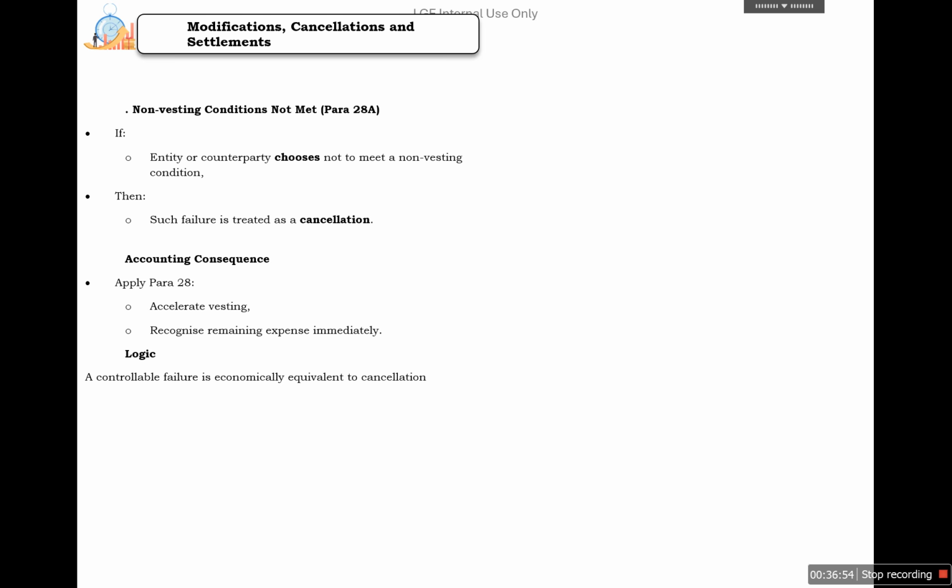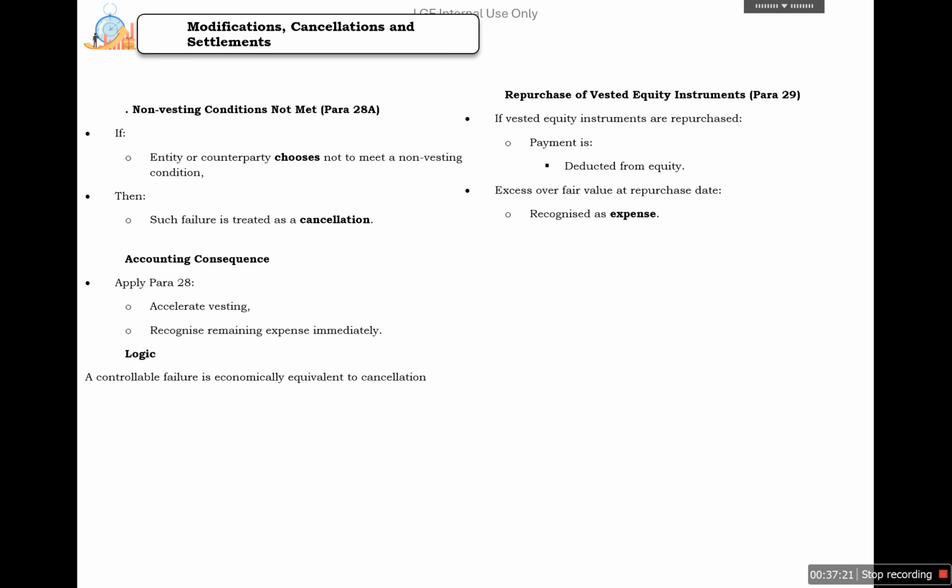If non-vesting conditions are not met, for example, if the entity or counterparty chooses not to meet a non-vesting condition, then such failure is treated as cancellation. As we have discussed, it will be considered as accelerating vesting and recognizing remaining expenses immediately. The logic behind it is that a controllable failure is economically equivalent to cancellation.